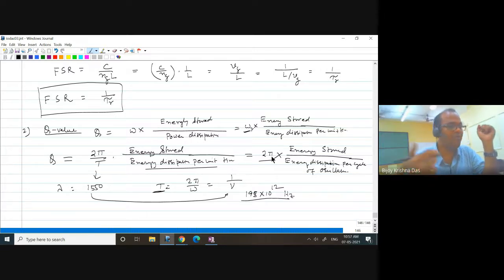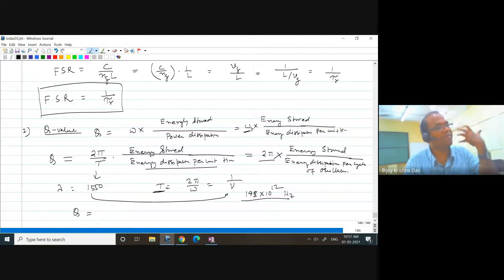Now our target is to find the Q value in terms of the cavity loss, group index, cavity length, and the total loss.